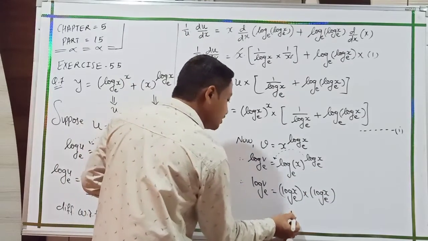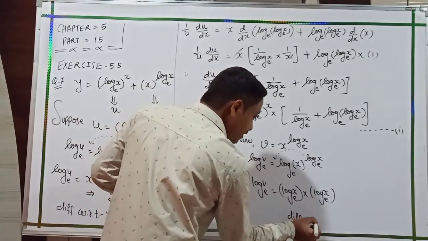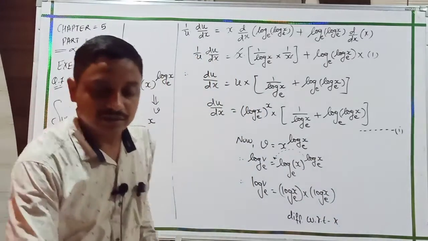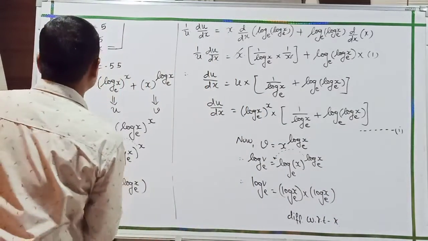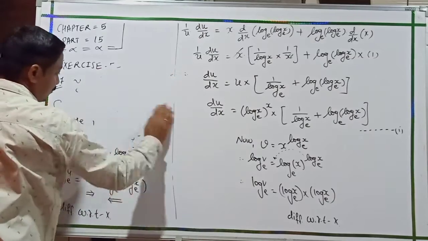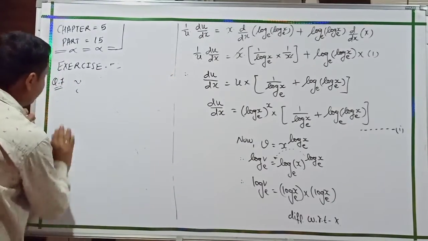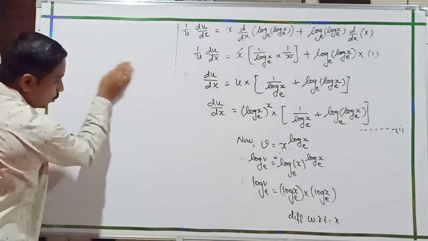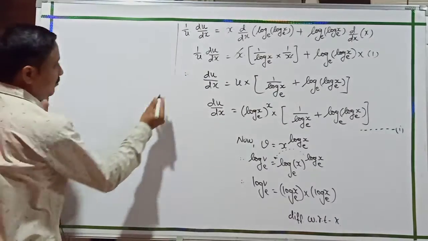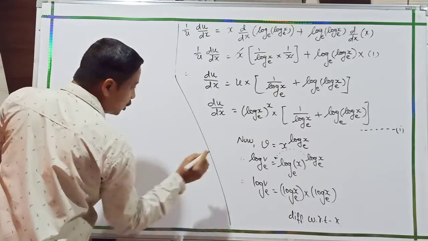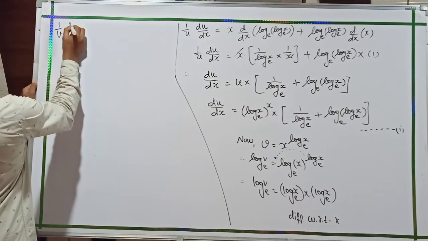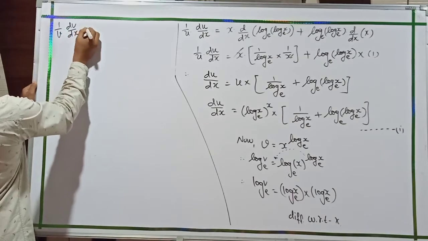So differentiation with respect to x now, and one by one start our derivative. So what is the derivative of log v? 1 by v, dv by dx.